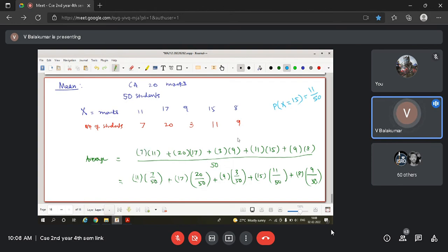Your computation is correct. I am reframing it. So what do I have here? I have 11 times the probability for securing 11 marks, plus 17 times the probability for securing 17 marks, plus 9 times the probability for securing 9 marks, and in the same way for the rest.